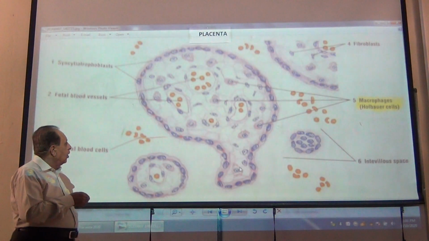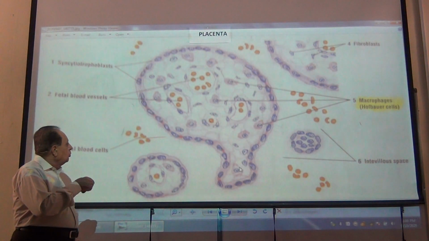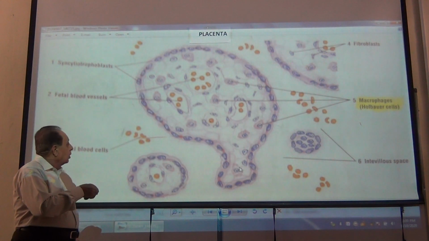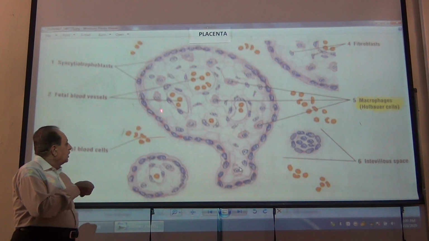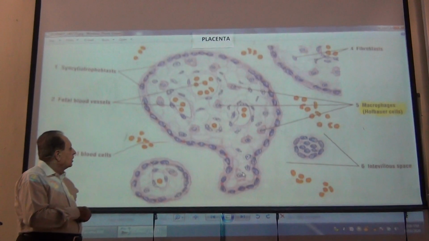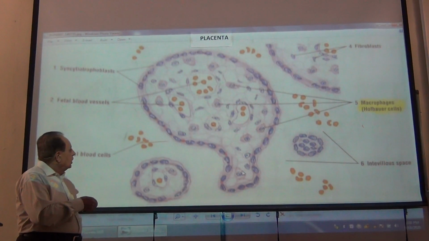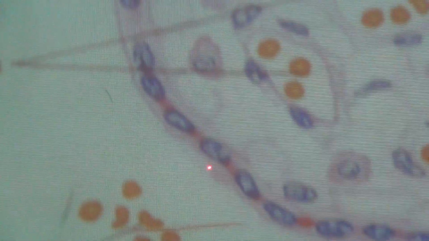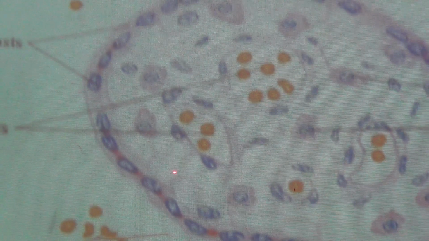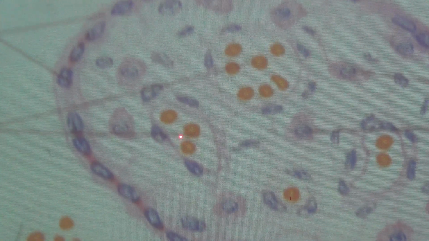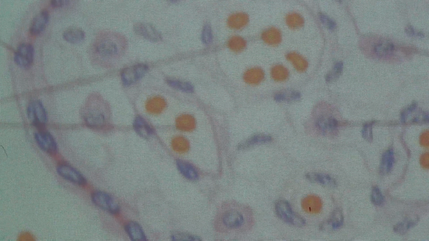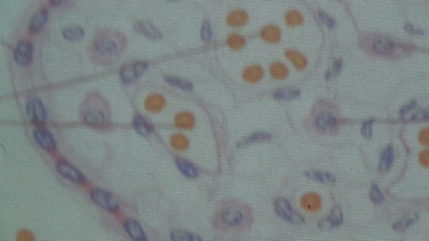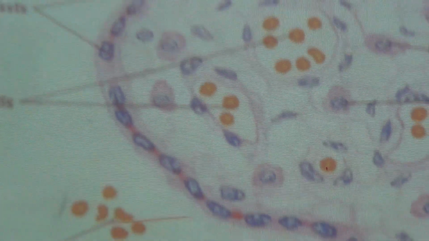Second, the loose connective tissue of the villus. And third, the trophoblast. So these three things form the placental barrier: trophoblast, loose connective tissue and the endothelium of the fetal capillaries. So that is all about the placenta.